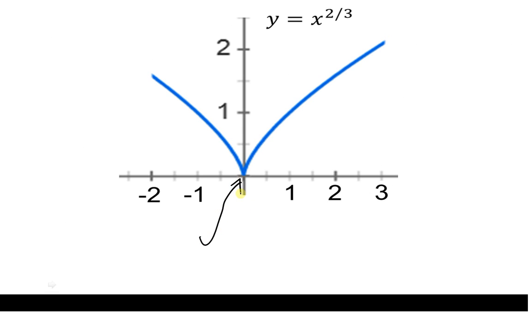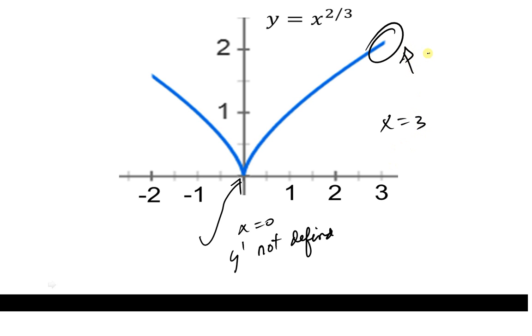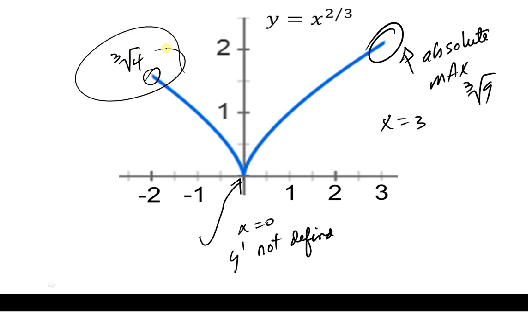We see this sharp point at x equals 0, y prime not defined, and at the right endpoint at x equals 3, we see the absolute max, which is the cube root of 9, and at the left endpoint we see a value of the cube root of 4, which is obviously just in between.